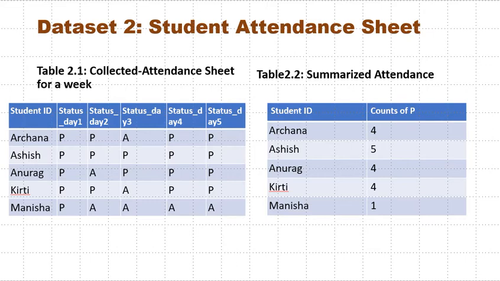So in the next table, table 2.2, we summarize the attendance for 5 days in terms of numbers. So for example, Archana was present 4 days out of 5, so we reported 4 in front of Archana. Similarly for Ashish, it is 5 and so on.